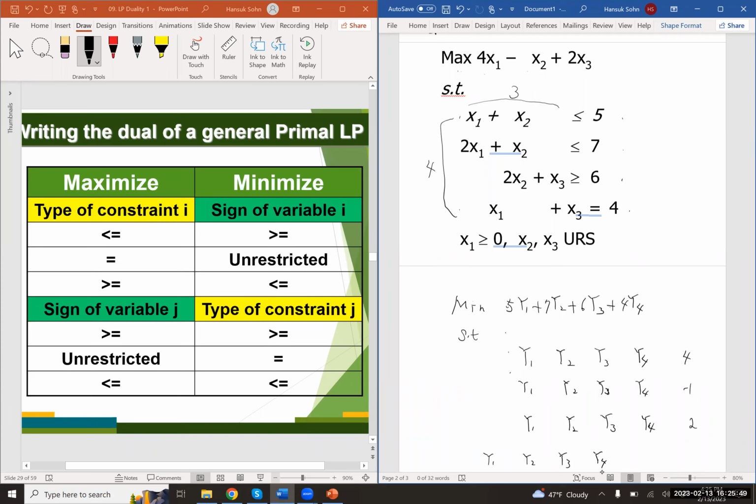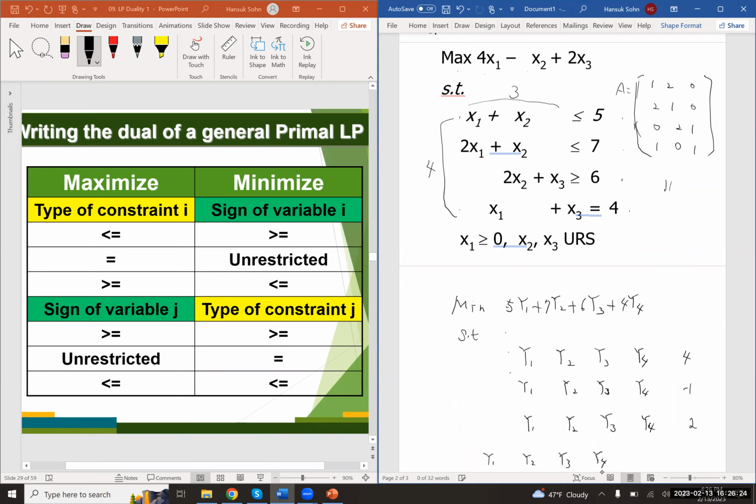And the constraint coefficient matrix A is going to be 1, 2, 0, 2, 1, 0, 0, 2, 1, and 1, 0, 1. Is that right? Let me double check. 1, 2, 0, 2, 1, 0, 0, 2, 1, and 1, 0, 1, right?